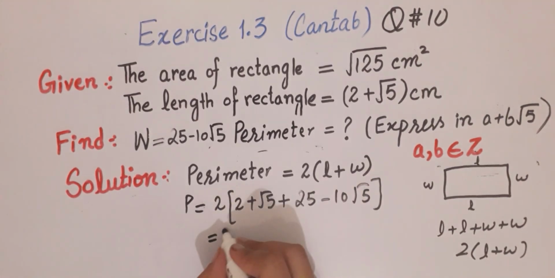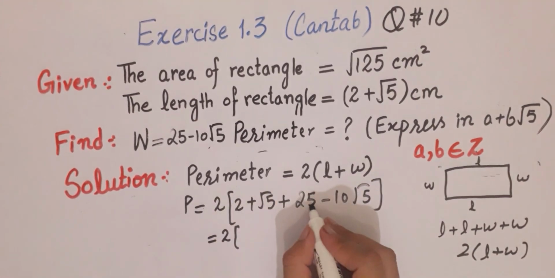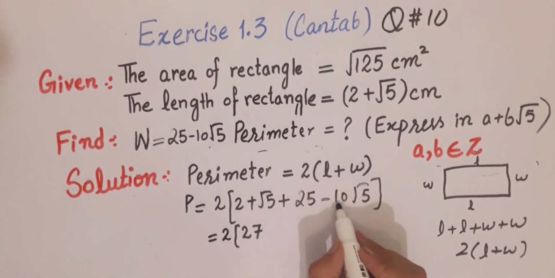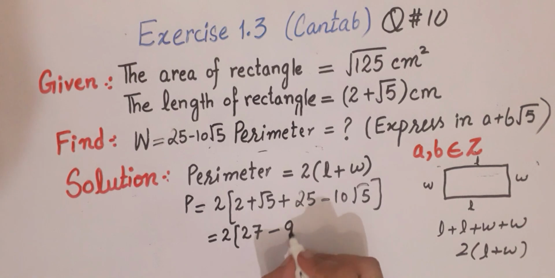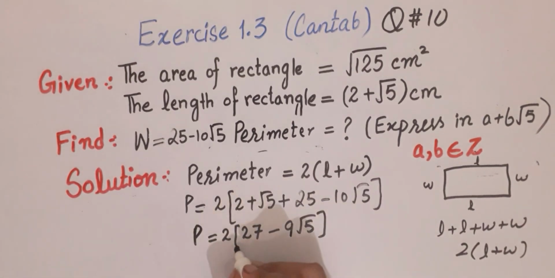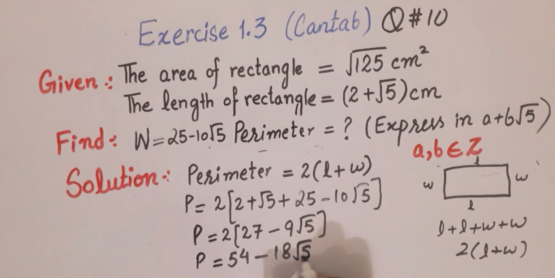So we have 2 plus 25 is 27 and 1 minus 10 is minus 9 square root of 5. Now we will multiply these two. We have 54 minus 18 square root of 5. This is the value of perimeter.